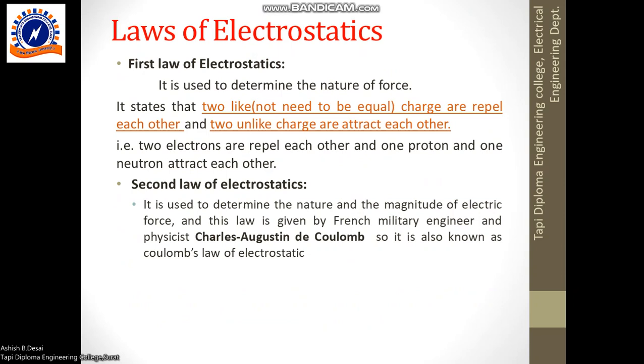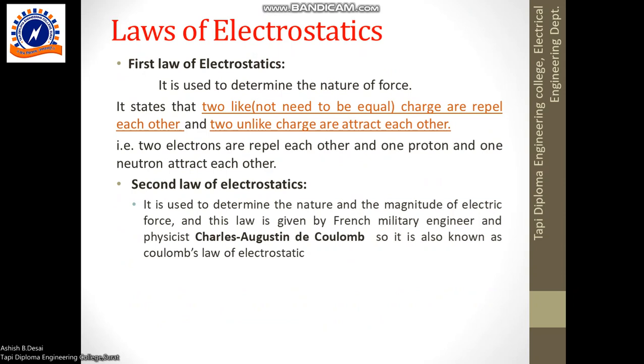The first law of electrostatics states that when two like charges are near each other, they repel each other. When two unlike charges are near each other, they attract each other. So that is the first law of electrostatics.